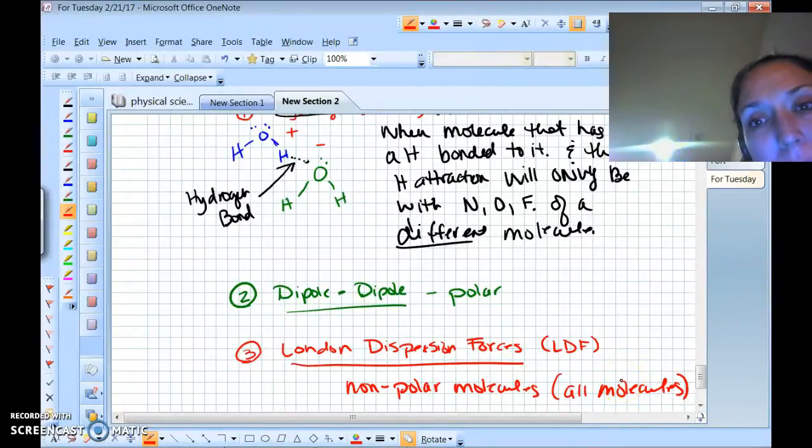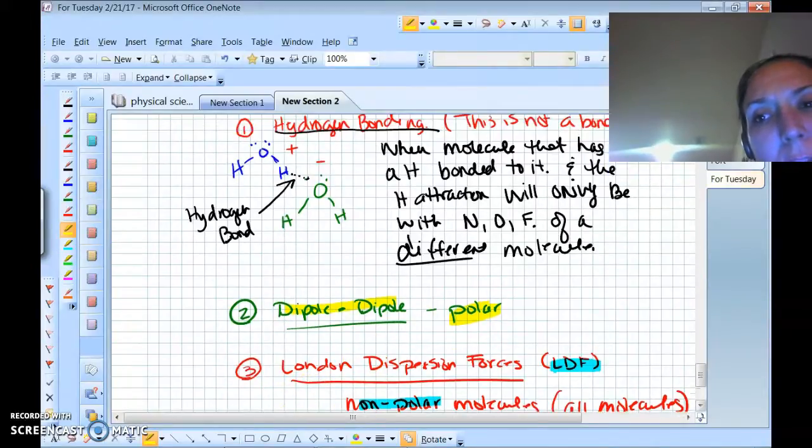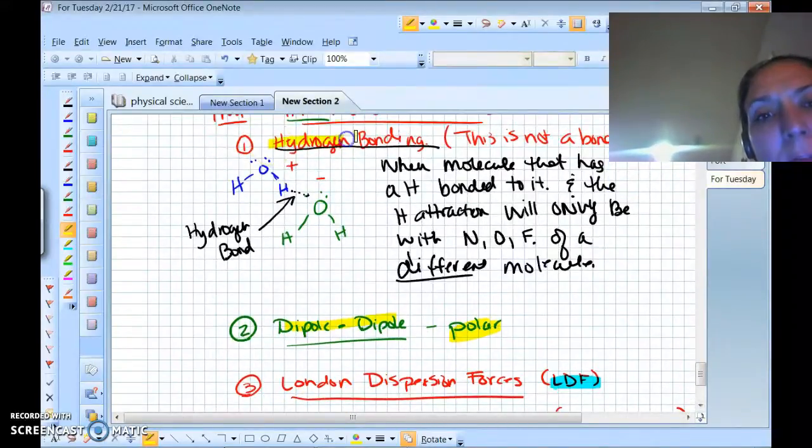AP does, so watch out for those of you that go on to take AP. But basically, when you are predicting your IMFs, if your molecule is nonpolar, then its IMFs are LDF, London dispersion forces. If your molecule is polar, then you have dipole-dipole. Also, if it's polar, go check and see if you have a hydrogen, because you're going to have hydrogen bonding going on. And if so, see if this scenario works out, and you will have more than one type. You can have 2 and 3.